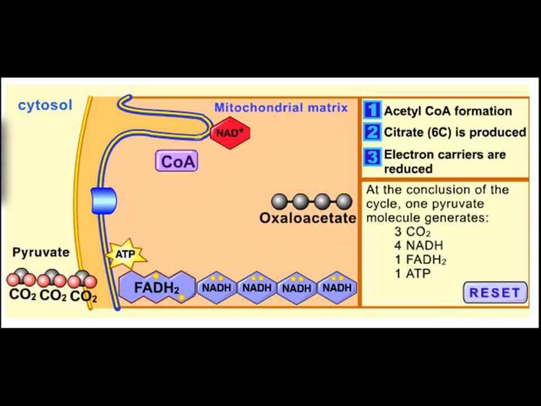This entire process allows for all of these electrons to be completely removed from the pyruvate. The only reason these electrons are being removed is because of oxygen being there in the matrix, drawing them towards itself. Remember, oxygen is the greatest oxidizing agent, meaning it's so electronegative it will pull these electrons all the way downhill towards it.